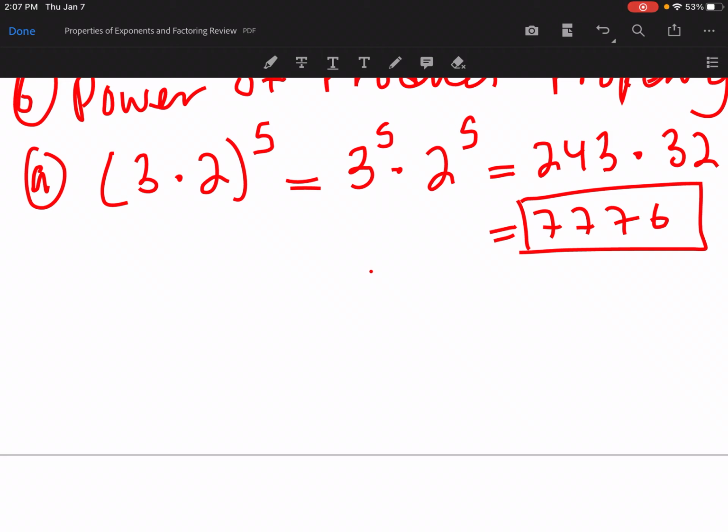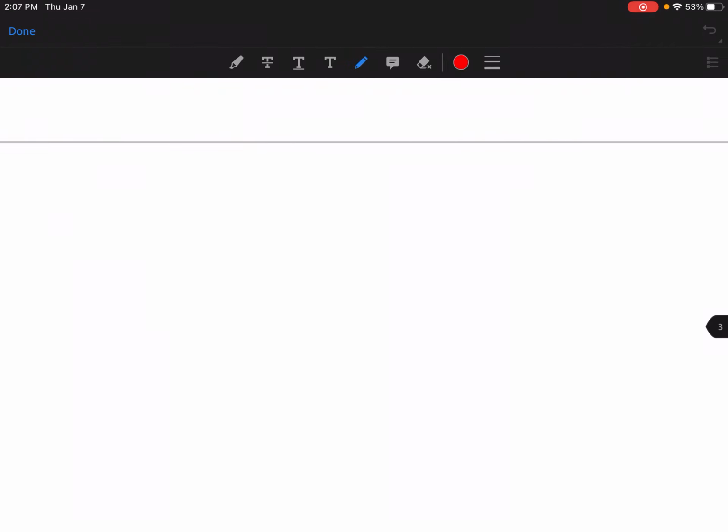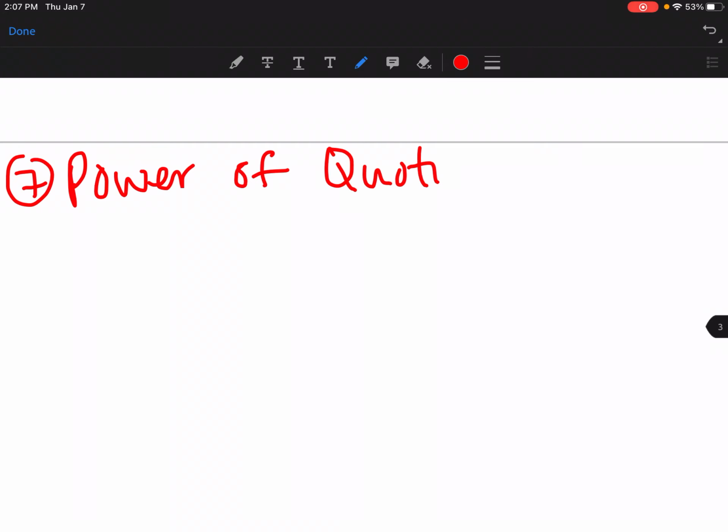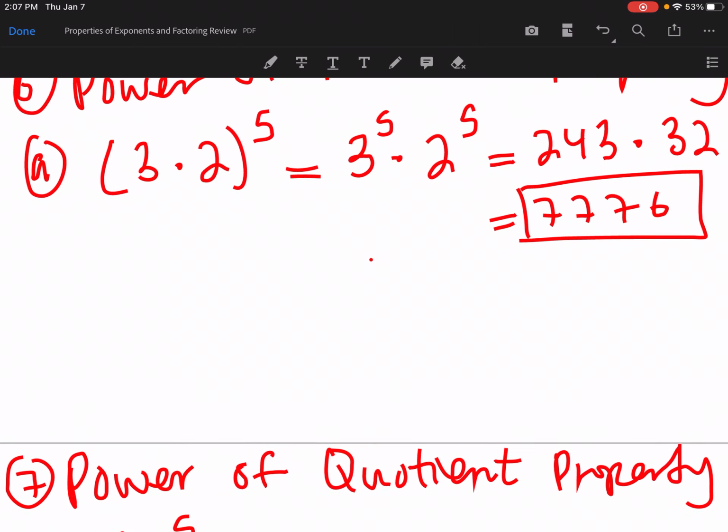All right, and then let's look at the last property, which is the power of a quotient. The power of a quotient property says that, say if I have 2x over 3, to the negative 5, it's the same thing as we did with the power of a product property.